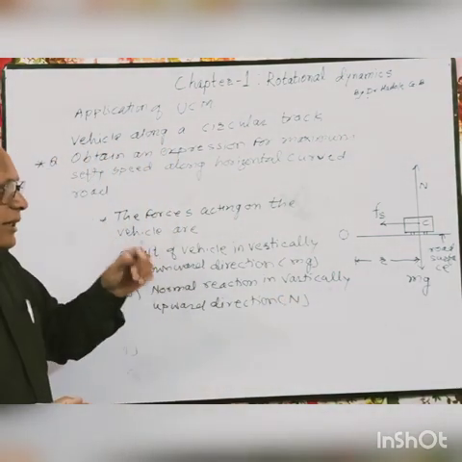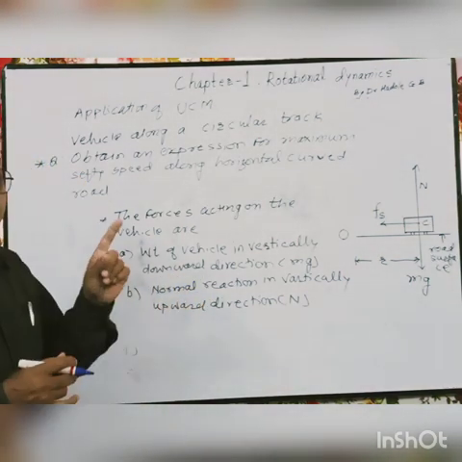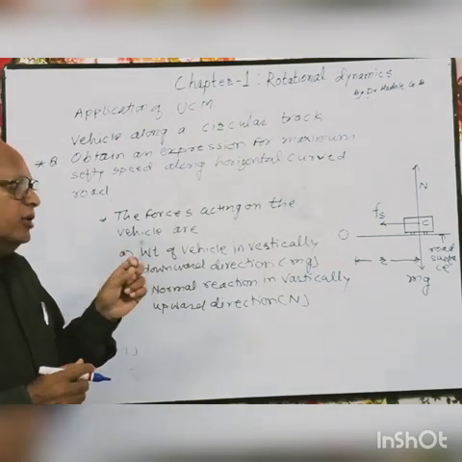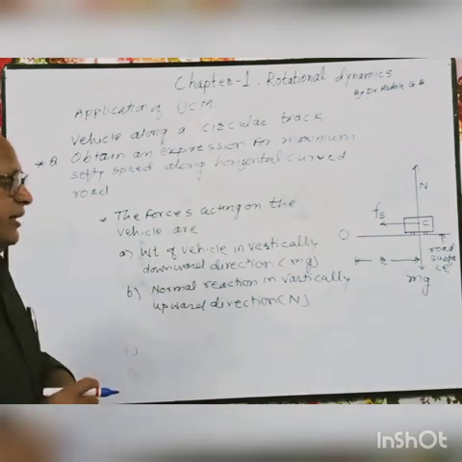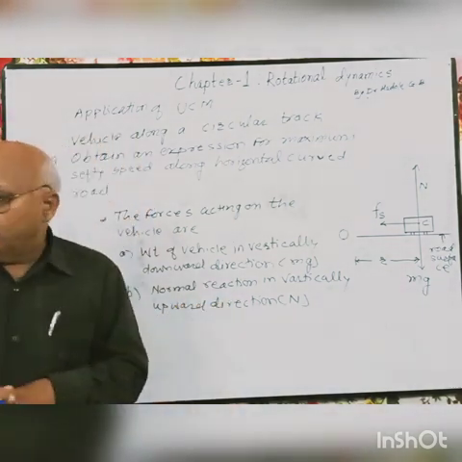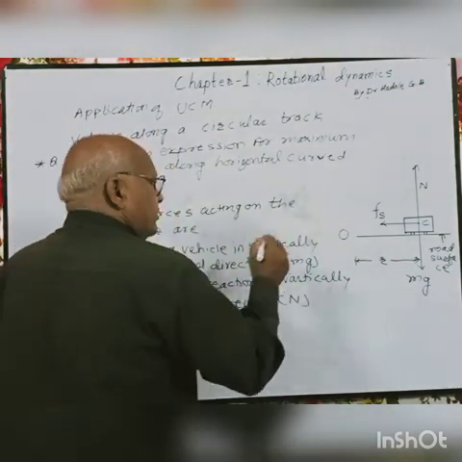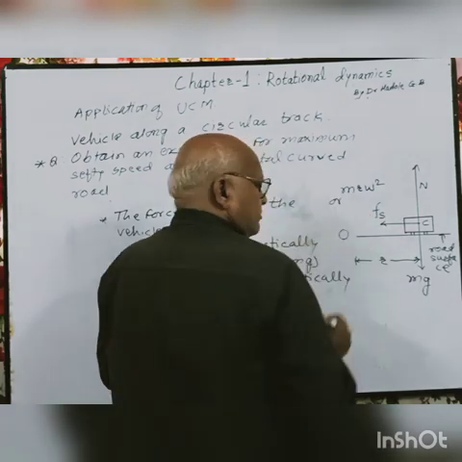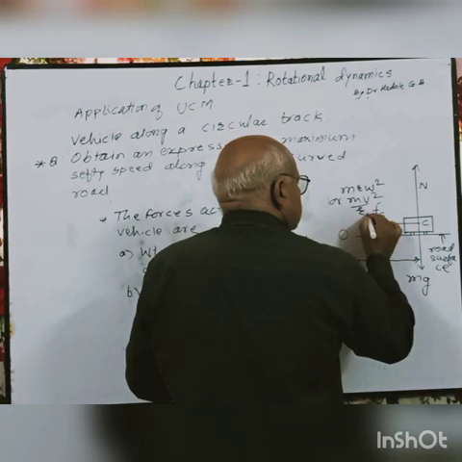Now, when the vehicle is moving along a horizontal curved road, it is performing circular motion. This circular motion is performed under the action of centripetal force, or we can say centripetal acceleration. So, this centripetal force is given by m r omega square or mv square by r.